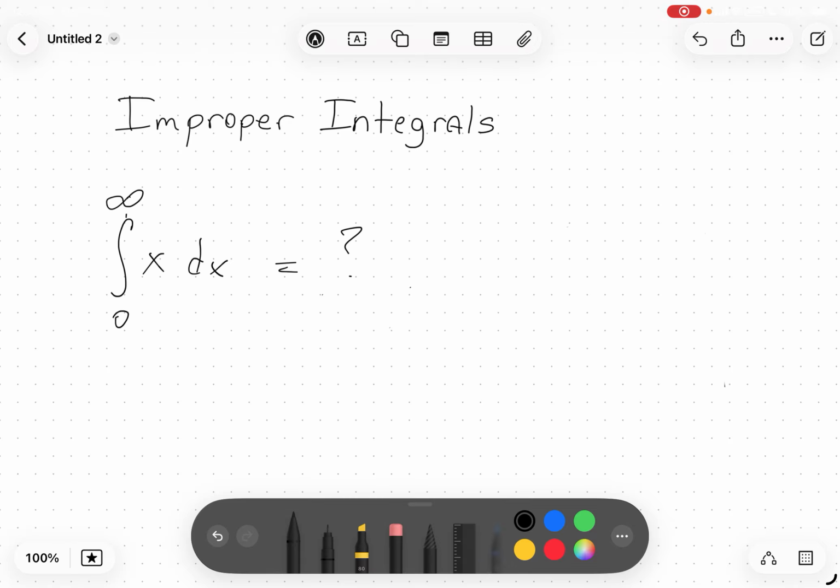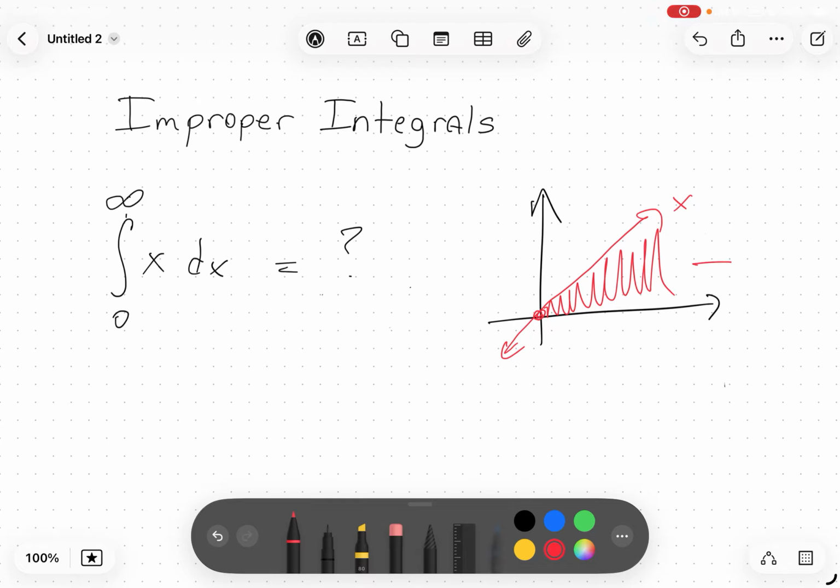Well, one way to think about this is, you're looking at a graph. The graphical representation of this integral would be the line y equals x, and then you'd start at 0, and you'd calculate area under that curve forever, right?